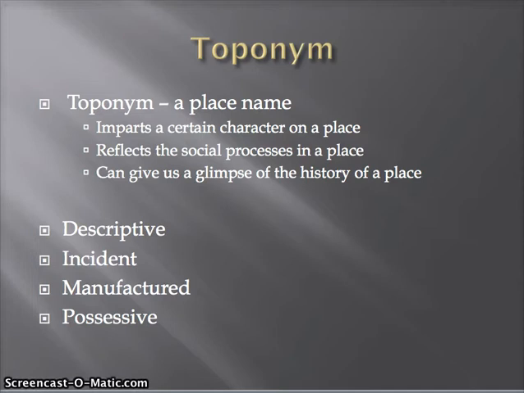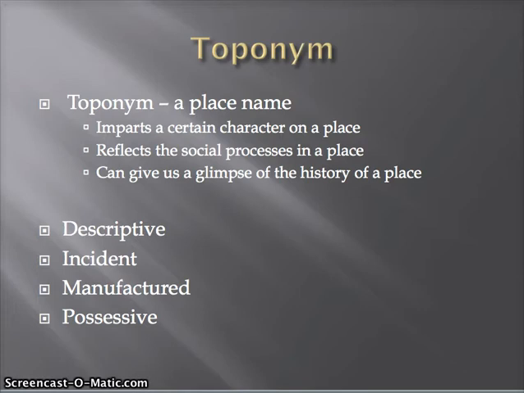we talked about how we want to create a sense of place. Well, one way to create a sense of place is in the name. So the name does impart a certain character on a place. It gives it a certain type of characteristic.